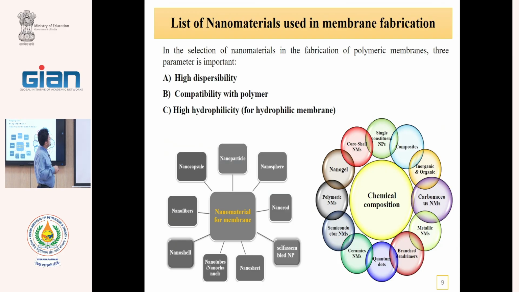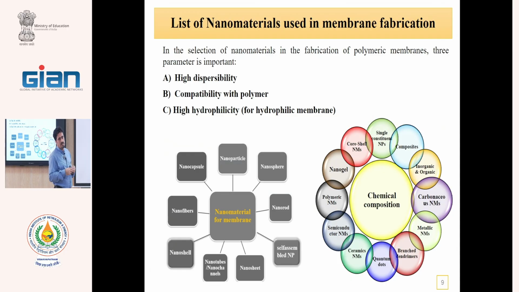The second problem is the compatibility with polymer. Some nanoparticles do not have good compatibility and agglomerate or aggregate. Agglomeration means that when we add the nanoparticles to the polymer solution, there is no good compatibility between polymer and nanoparticle. Therefore, nanoparticles reconnect together and form big particles.